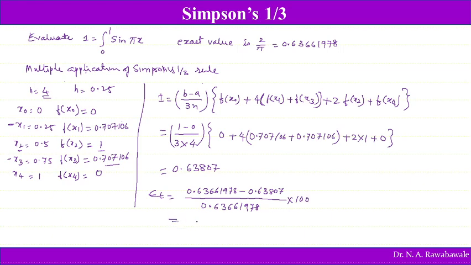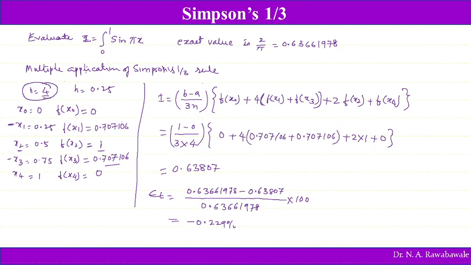So this true error works out to be minus 0.229%. So this is how the integral of sine pi x can be simplified using multiple application of Simpson's 1/3 rule, where we have taken 4 segments.